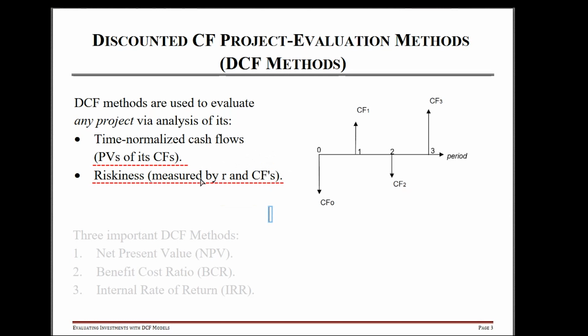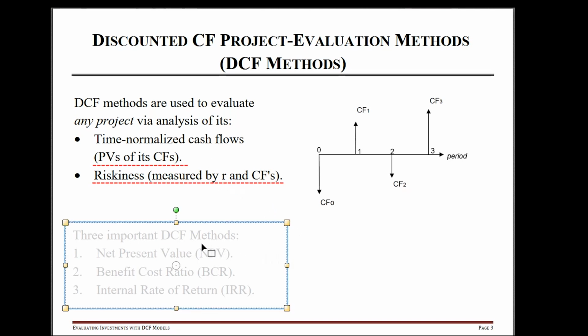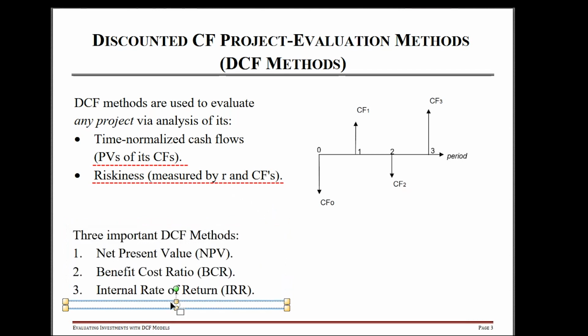And remember, we have those 4 risks that we always want to consider. We have duration risk, risk-free risk, and then we have an increment for market or industry risk, and we have project-specific risk.